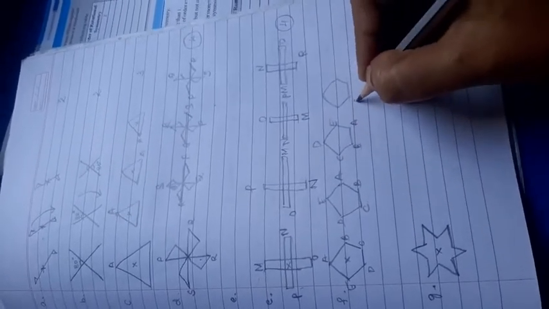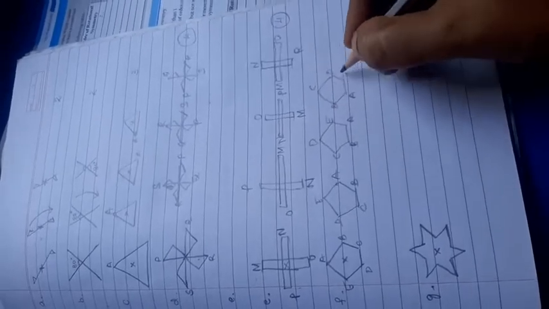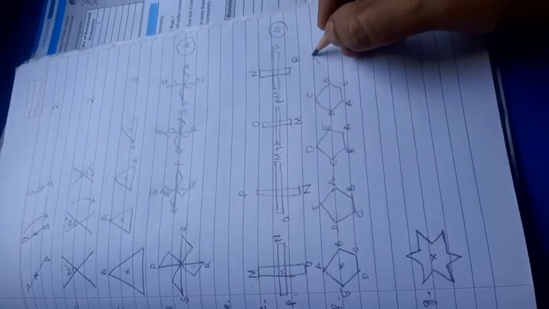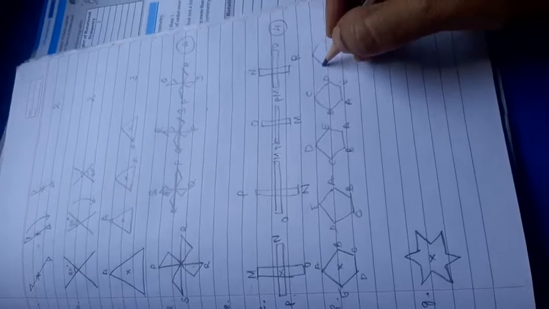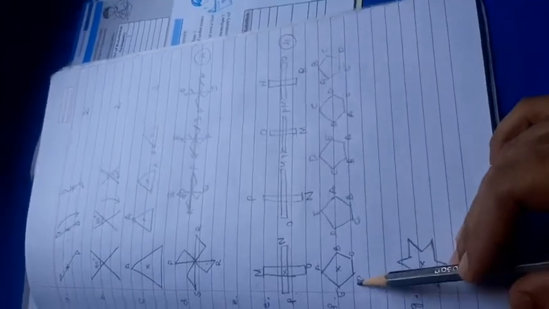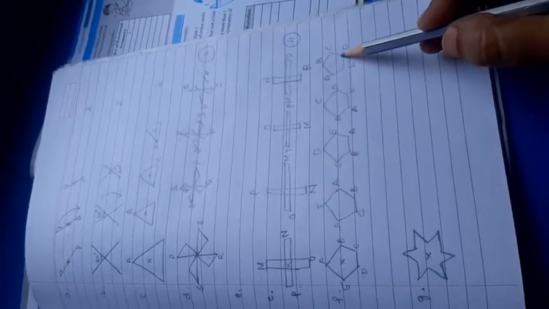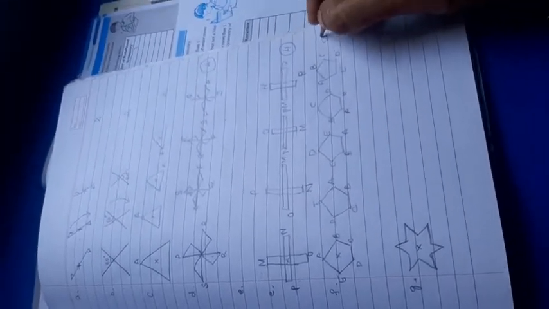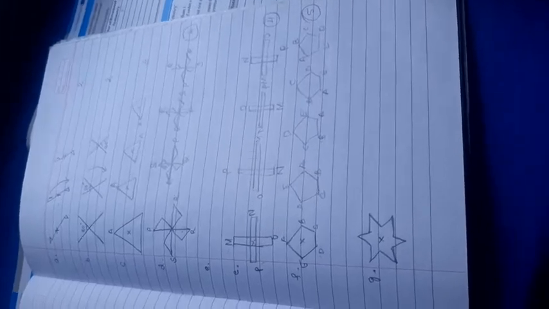Here A is here. Next point A, B, C, D, E. Next A goes to here. A, B, C, D, E. How many rotations? 1, 2, 3, 4, 5. Right. So how many is it? 5 rotations. 5 lines of symmetry.